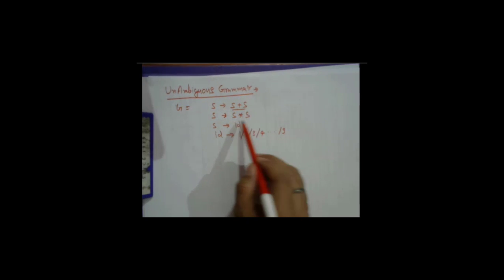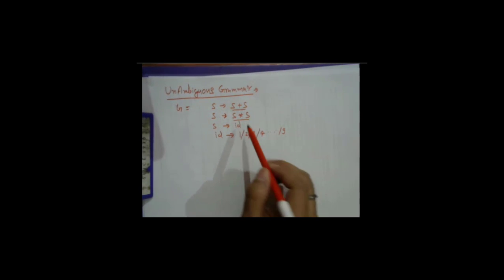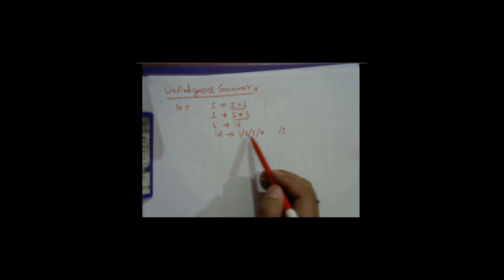There are the precedence operators, plus and multiplication, and the symbol id, where id will be 1 2 3 4 to 9.